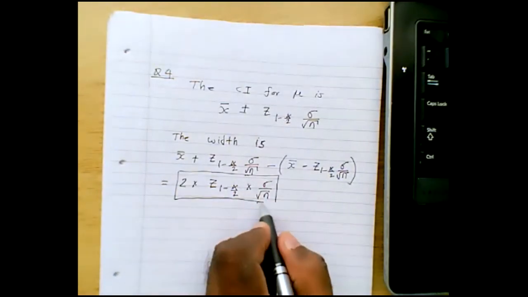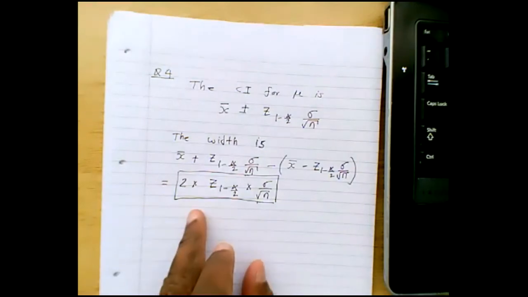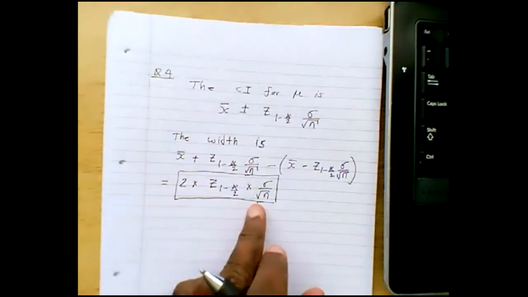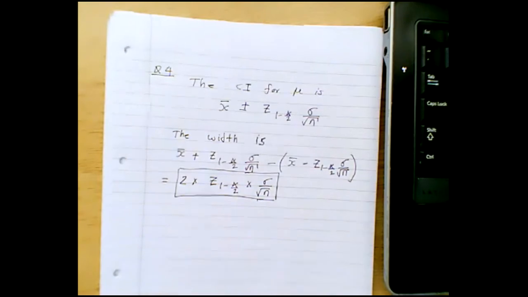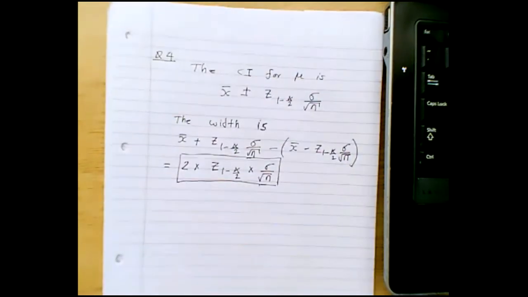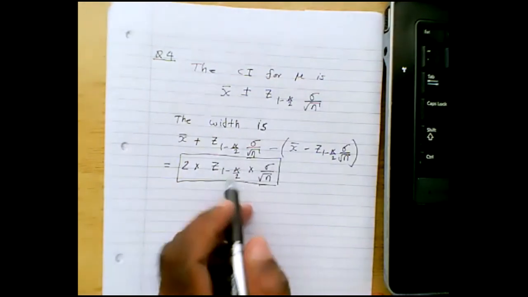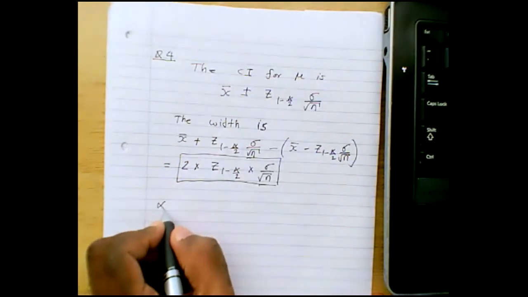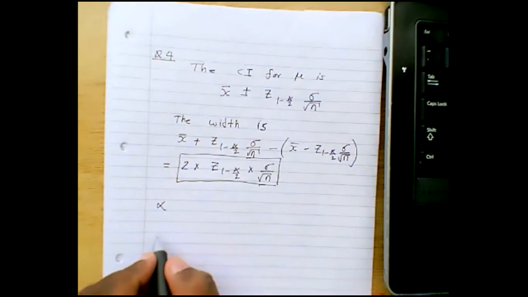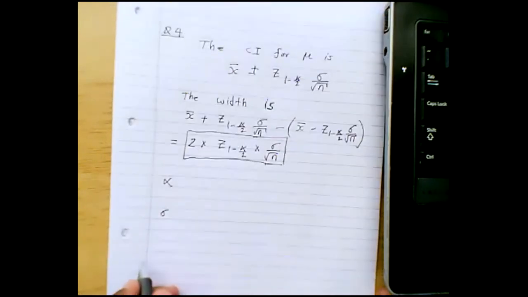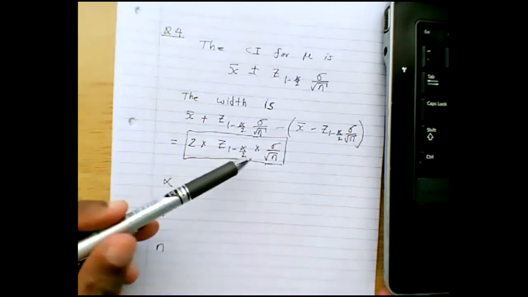Now, the question is asking you what happens to the width with respect to the parameters in the formula. Now I'm going to explain this to you. The parameters that control this formula are the following: there is alpha, there's the parameter sigma, and there's a parameter n. These are the 3 things that are in this formula.